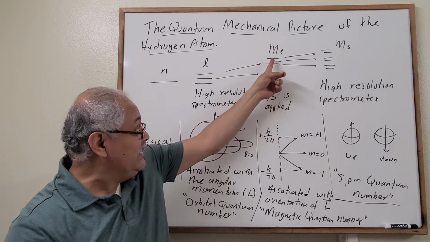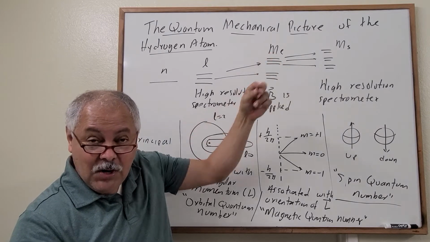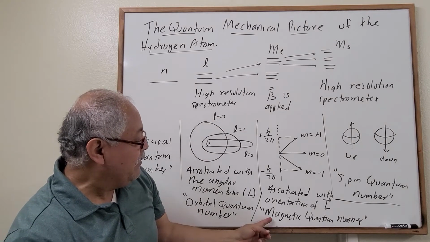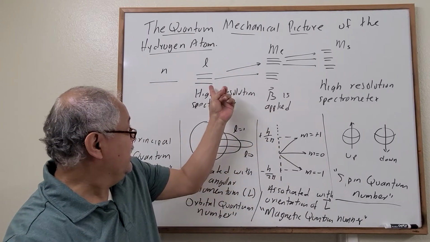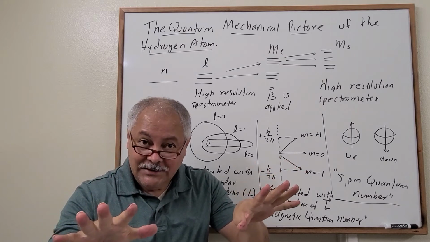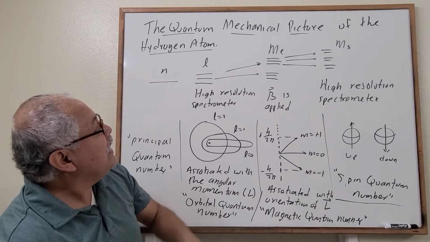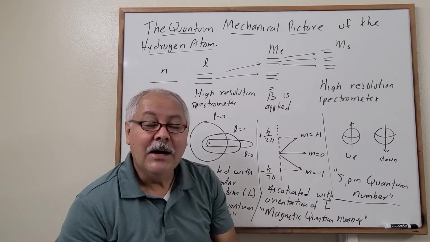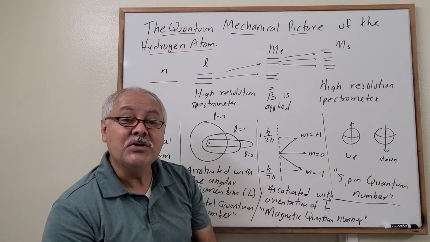So we need another number to represent the new lines, and that is called the magnetic quantum number, because the spectral lines are placed in a strong magnetic field and we have more lines. These are represented with the orientation of the angular momentum.